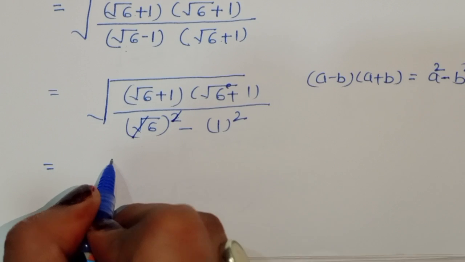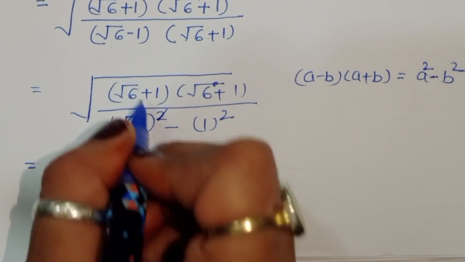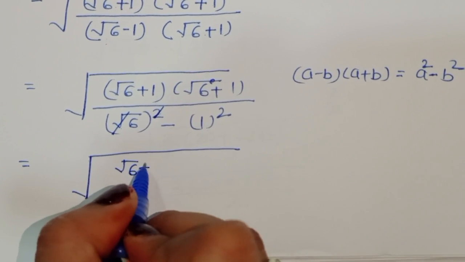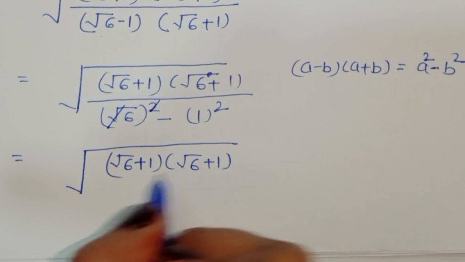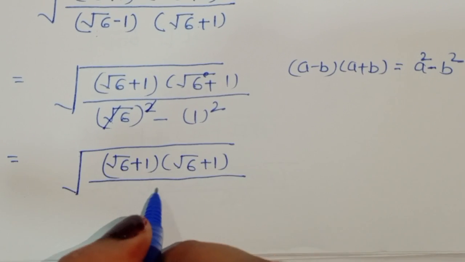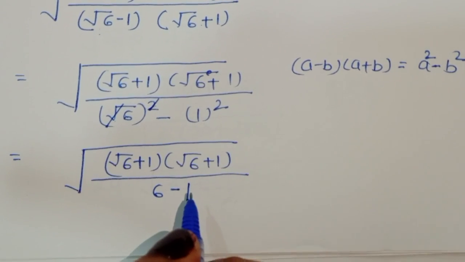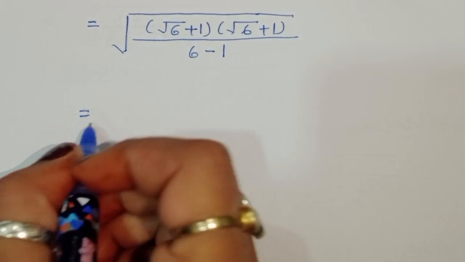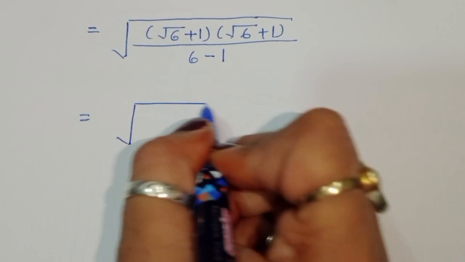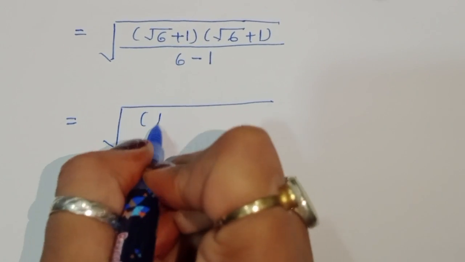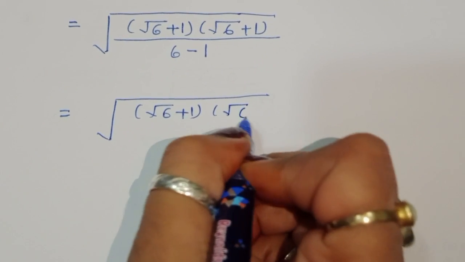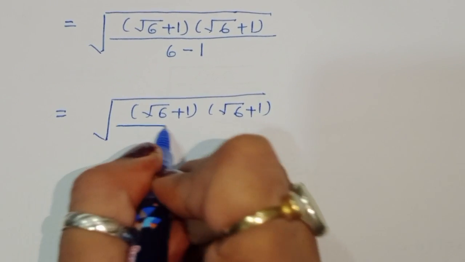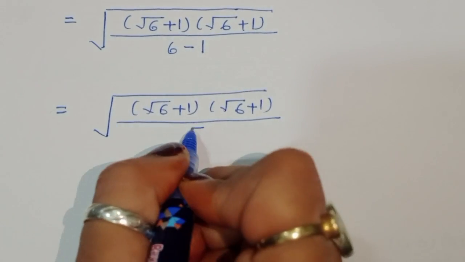So we write square root of 6 plus 1 times square root of 6 plus 1 divided by 6 minus 1, which is 5.